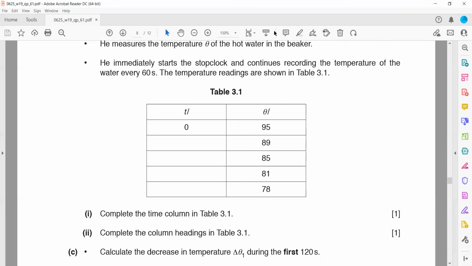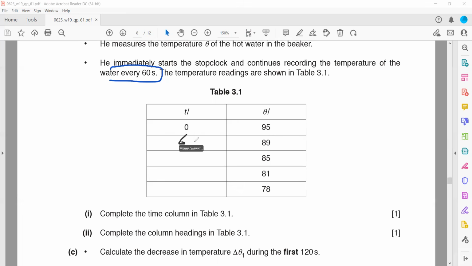The student did this experiment with a 60-second interval, like after every 1 minute, the student is measuring a temperature. So the first one, the beginning, is 0. Every 60 seconds. So what will be the next number?